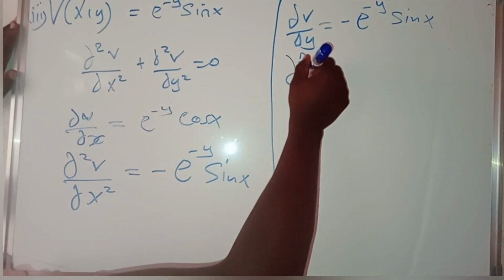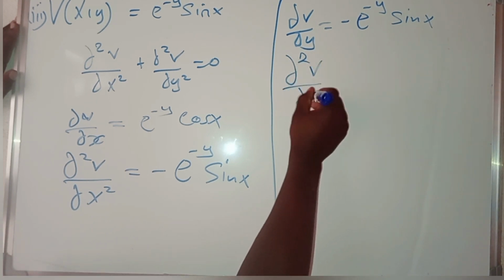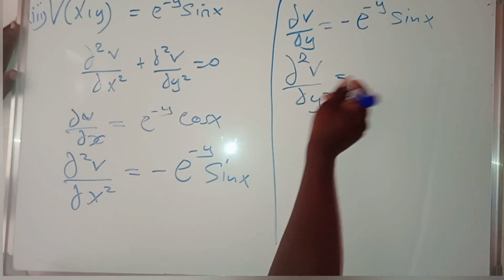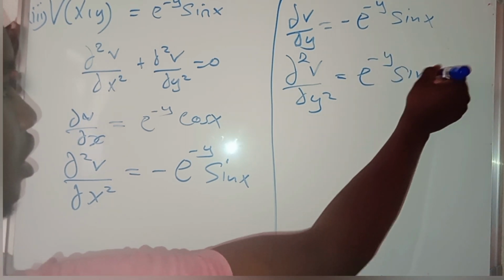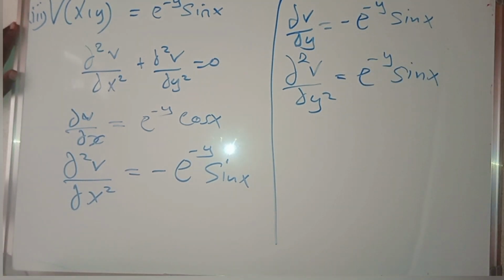The second partial derivative of v with respect to y is equal to e raised to the power negative y sin x. Check whether these are harmonic.